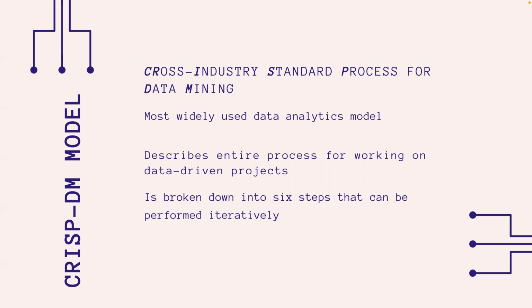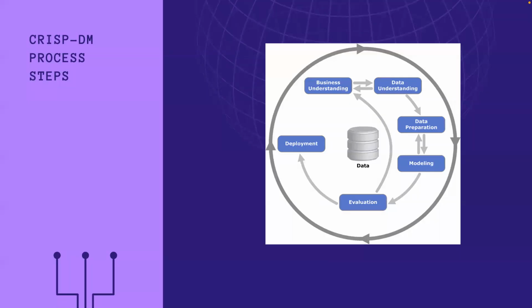And this model is broken into 6 general steps that can be performed iteratively. So they're often represented in a circle, and this is what it often looks like.